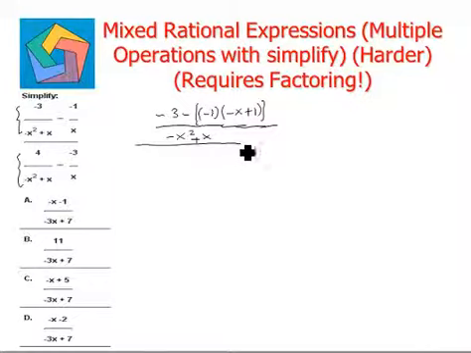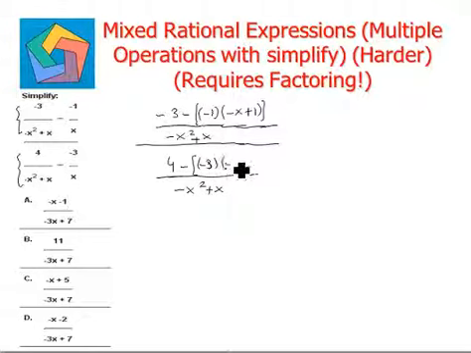Now at the bottom we have again the LCM negative x squared plus x. So 4 as it is, minus the square parentheses negative 3 times negative x plus 1. Now let's solve the first step over here.